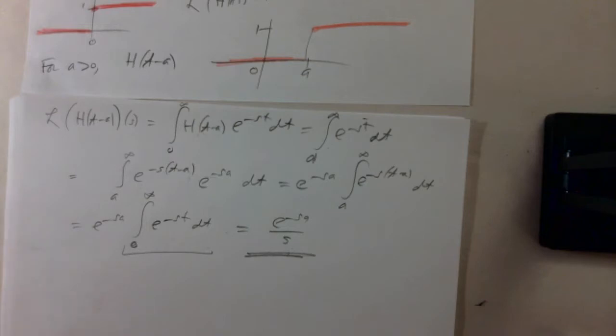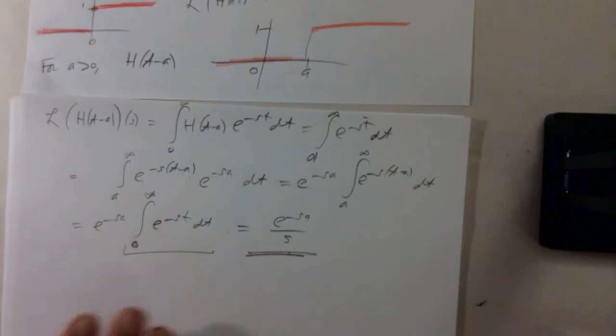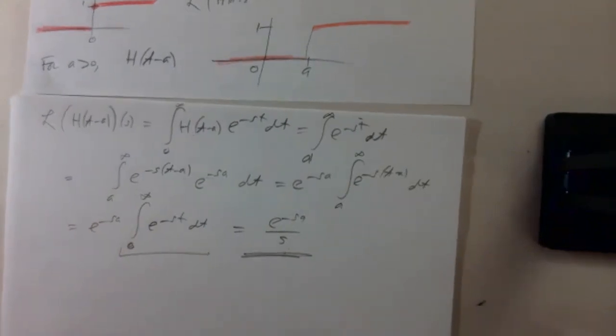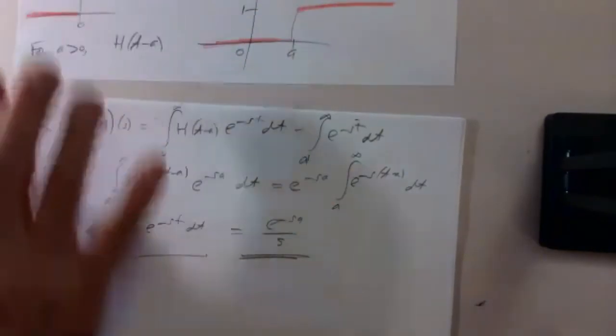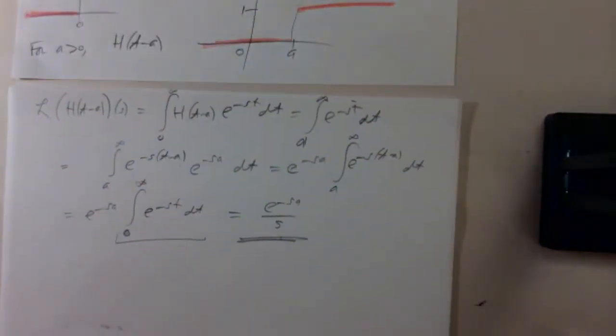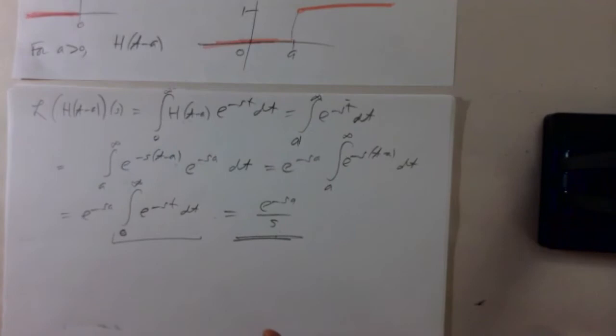Now, when we solve differential equations using the Laplace transform, we take the Laplace transform of the equation, we get some sort of polynomial usually, where the unknown is the Laplace transform of the solution.